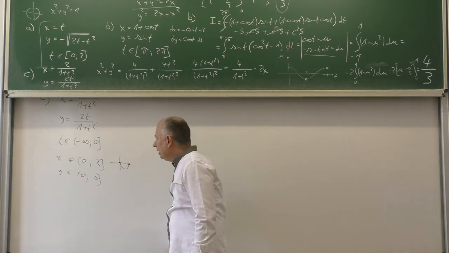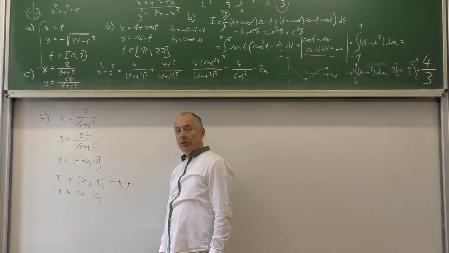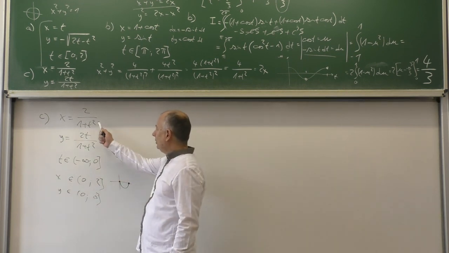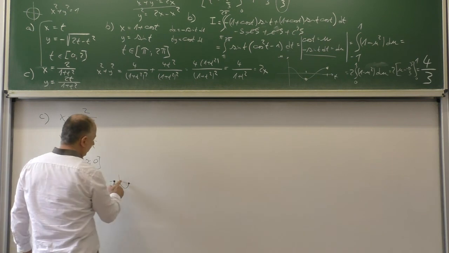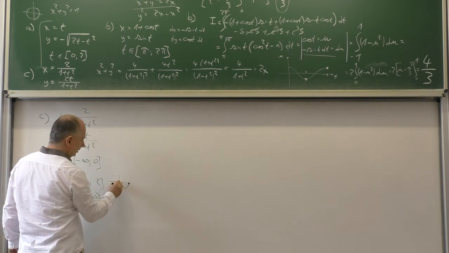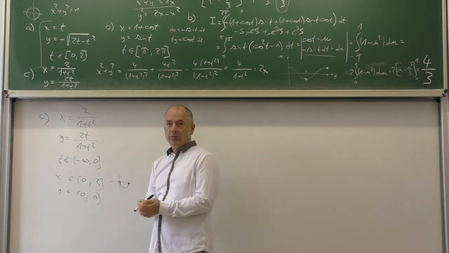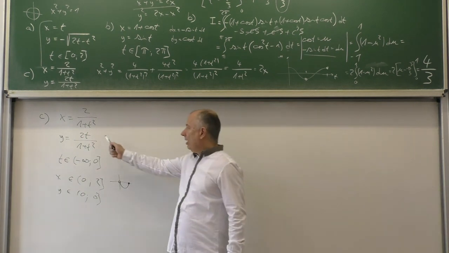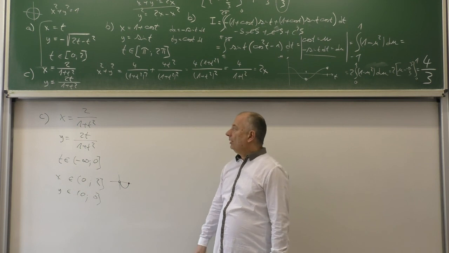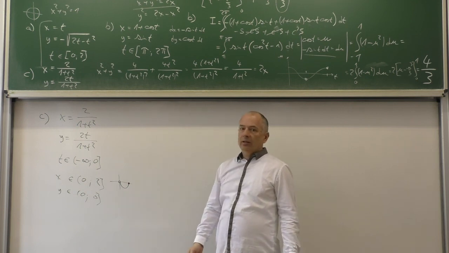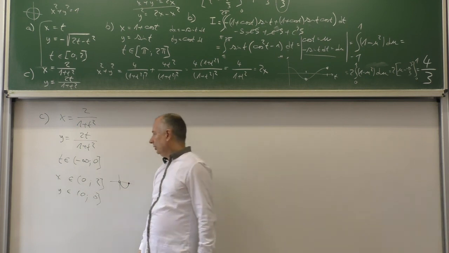So actually, the point (0, 0), the origin, is not achieved, so we should write the curve like that. The origin actually does not belong to the curve described by this parametrization. But for the purposes of the line integral, this one point is not important.